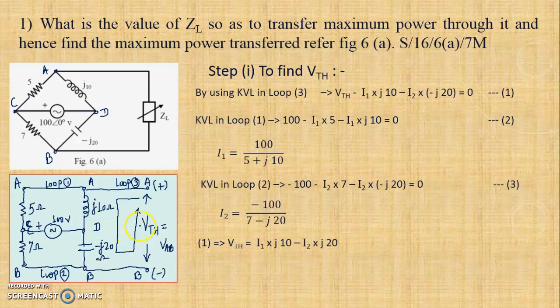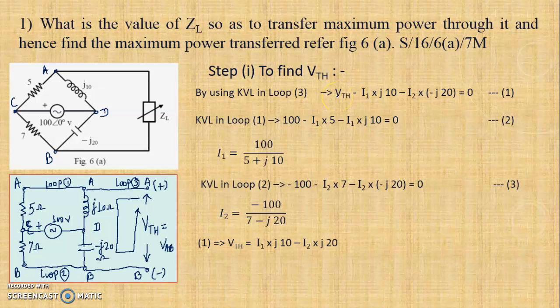So now let us write the loop equation, that is mesh analysis, where you have to apply Kirchhoff's voltage law. You can check the equations by using KVL in loop 3. In loop 3 there are three elements present: one is VTH, another J10, and third minus J20. So VTH, going from negative to positive, is written with a positive sign.